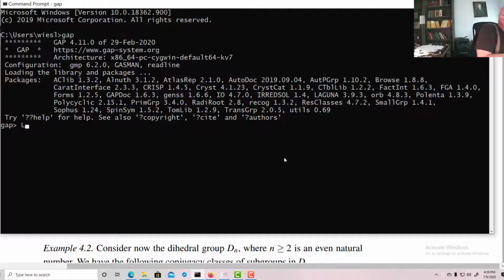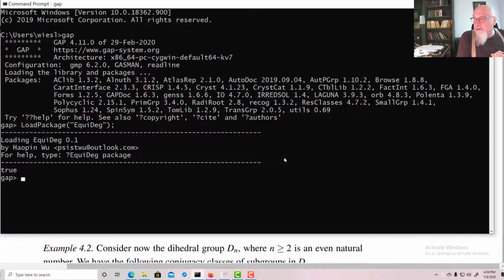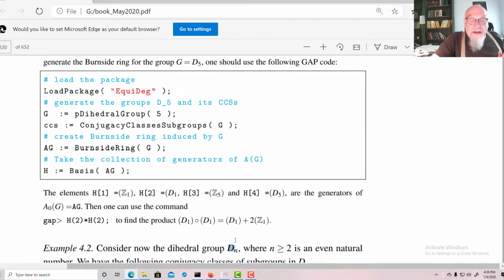So now, load the package. That's the command, and this is the EquiDeg package. This is the package we installed in the last presentation. It is true. And then we have a couple of special commands. Look here. First of all, you define your group, and you notice that we want to define the dihedral group as a permutation group.